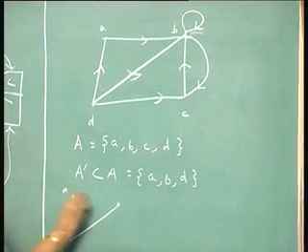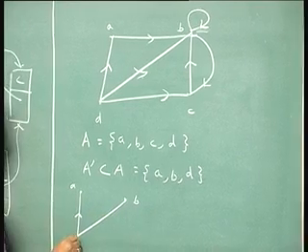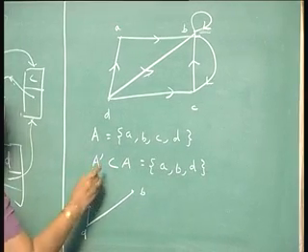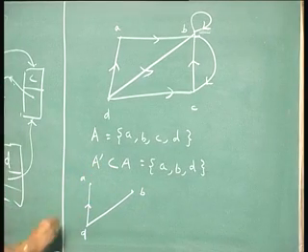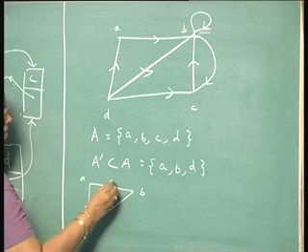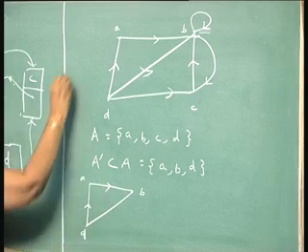You consider the nodes which are present in A dash and all the edges between them which are originally in the graph G.